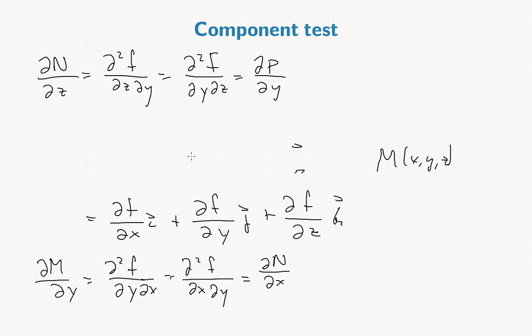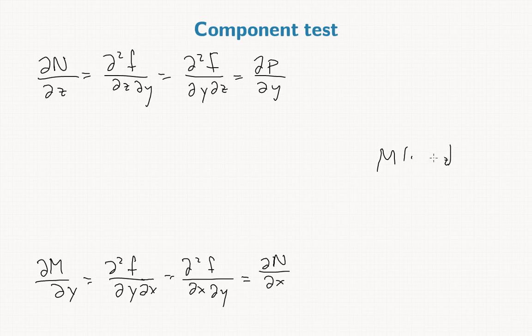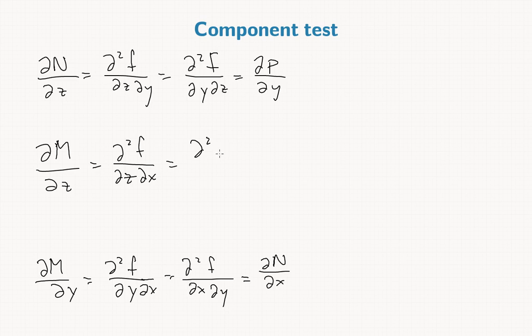And finally, del m by del z is del squared f by del z del x, which is del squared f by del x del z, and that's del p by del x.